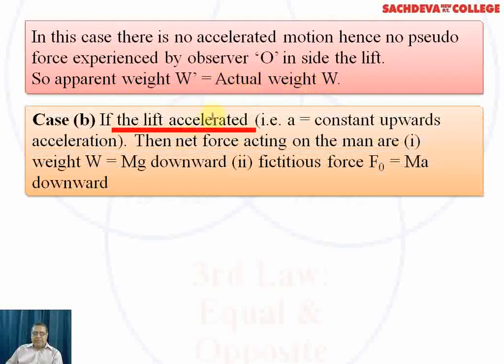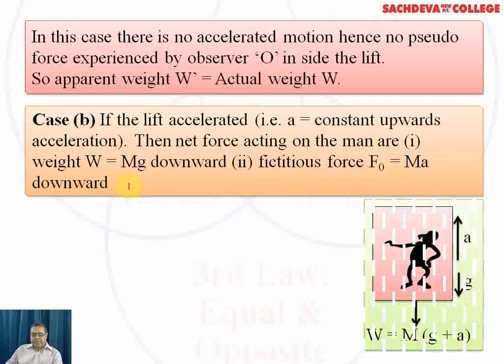Now for case B, the lift is accelerated upward. The net forces acting on the man are weight mg downward and fictitious force ma downward, as shown in the figure. Now the upward force is R and downward is this one. So we will say that the net force will be R minus mg, or W minus mg.